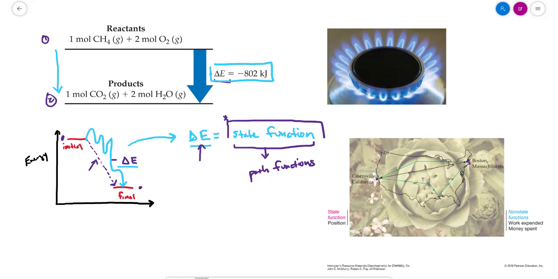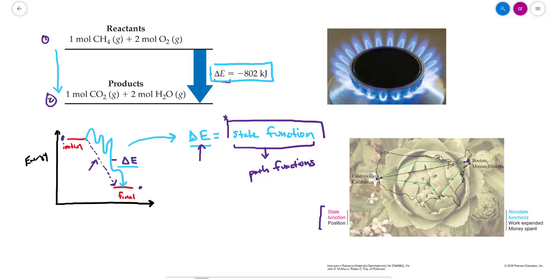But I'll give you just a sense. So path functions could be, in the case of this example, maybe the actual position as a state function, you know, that doesn't change. But some things that are a function of the route that you took would be like the work expended. So the work required to get from Castroville to Boston totally depends on whether or not you drive all the way up into Canada and back down, or you take a direct route.